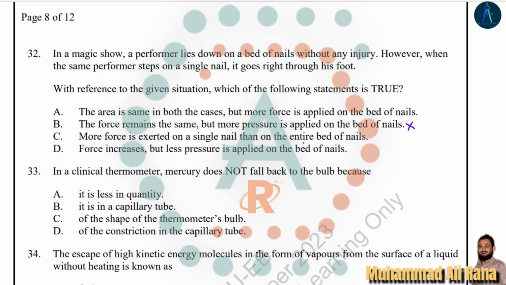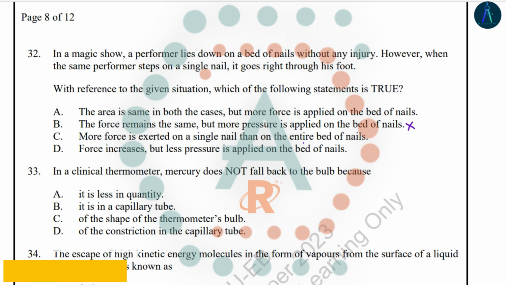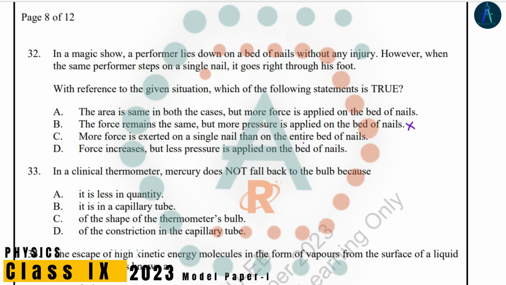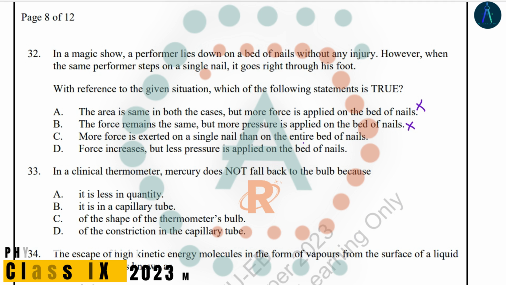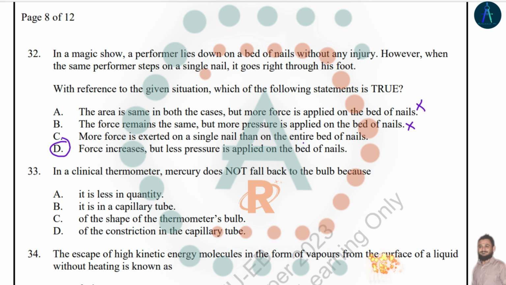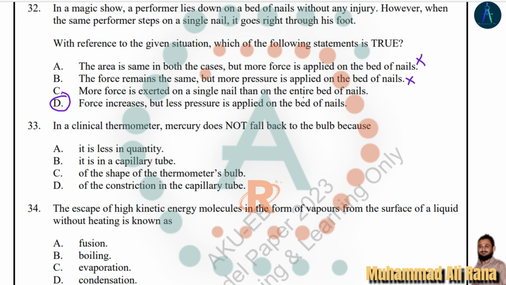Force increases, but less pressure is applied on the bed of nails. And the area is same in both cases. So this is incorrect. More force is exerted on a single nail than on the entire bed of nails. So the answer would be option D. Less pressure is applied on the bed of nails.